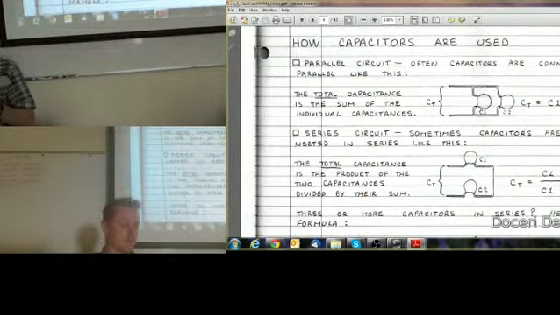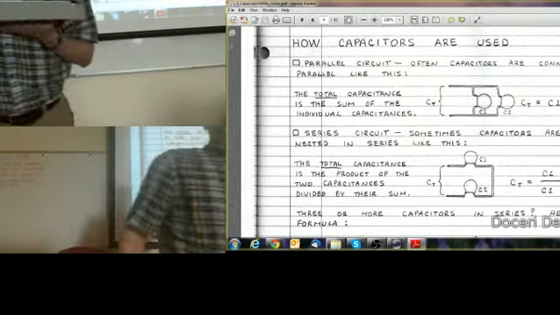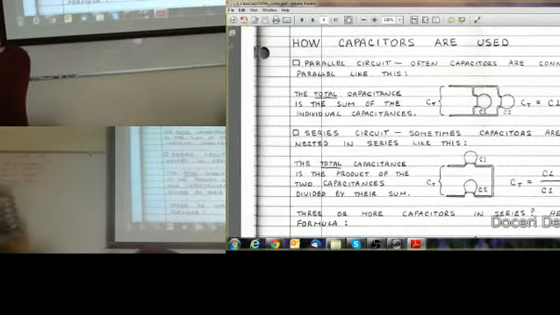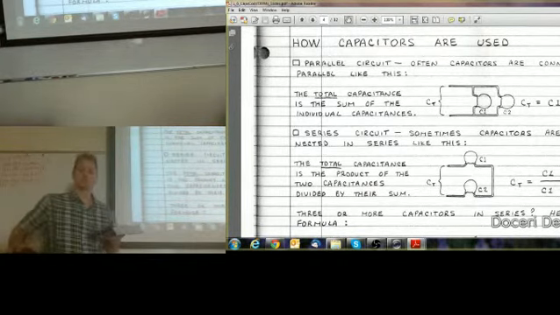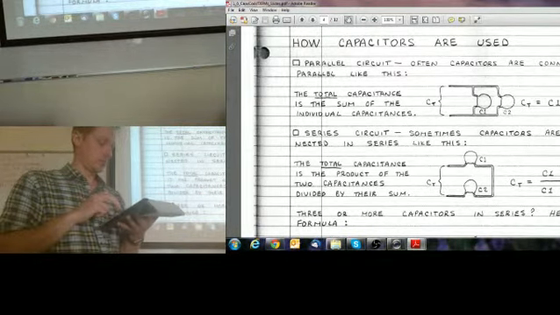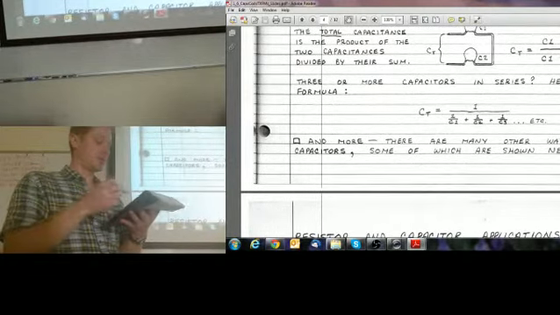If you had more than two, it would be the reciprocal of the sum of the reciprocals.